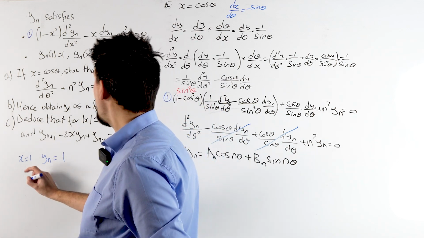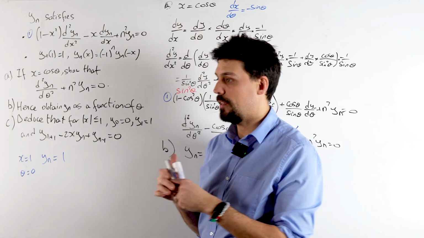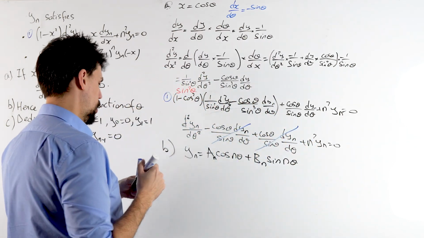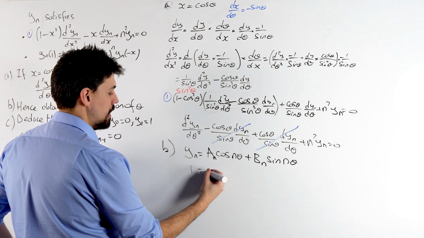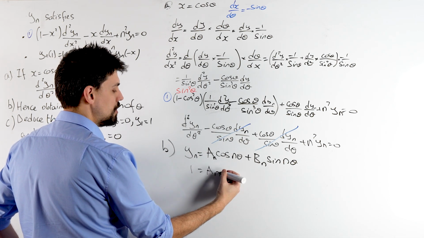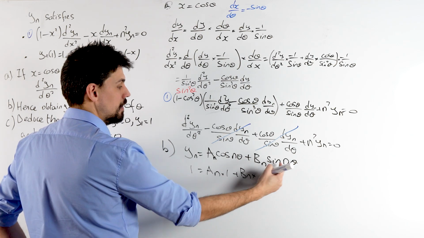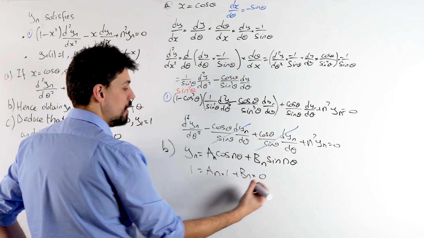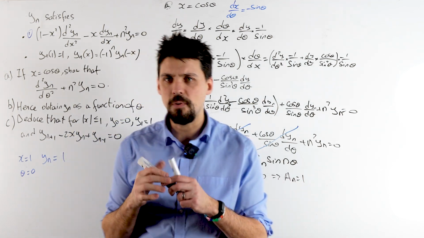If x is 1, that tells me that θ is 0, because cos of 0 is 1. Trigonometry. So let's plug that in. I know that 1 is aₙ cos of 0, which is 1, plus bₙ times sin of 0, which is 0. So that gives me already the result. aₙ has to be 1.